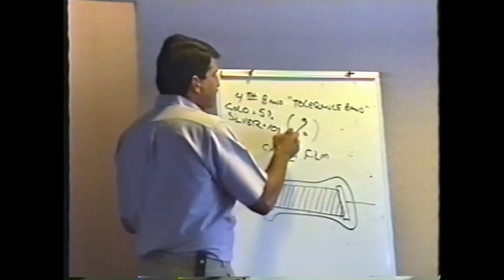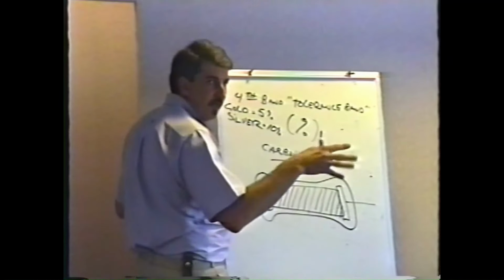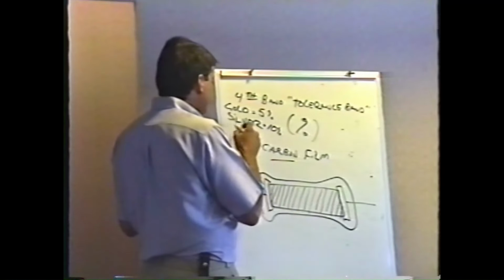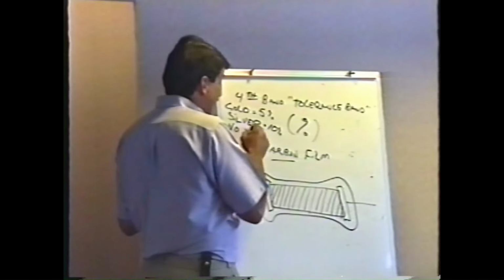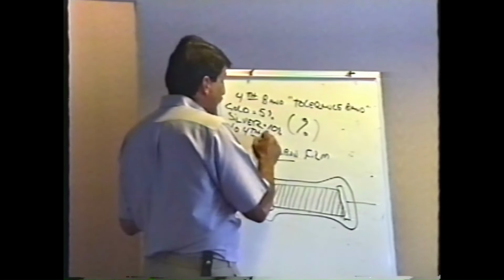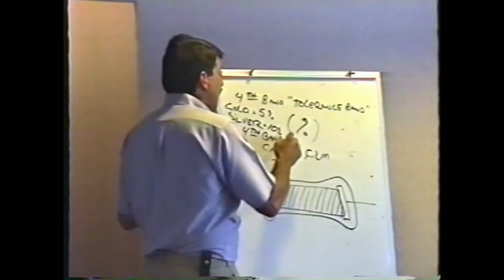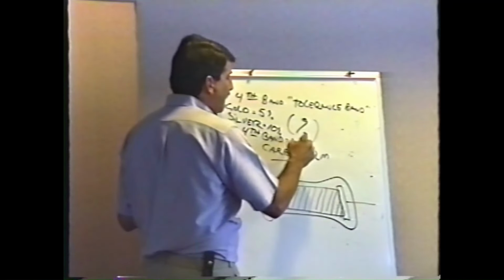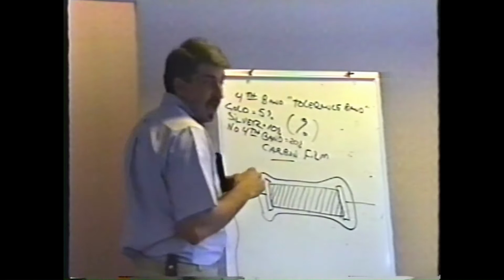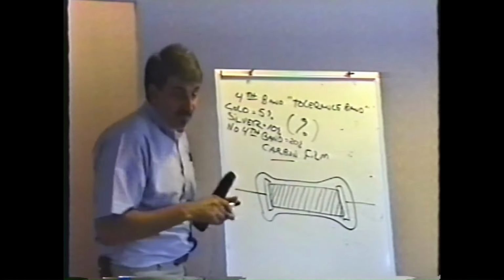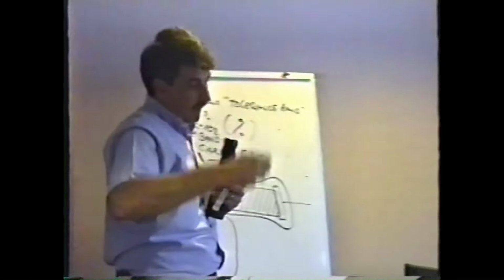If the fourth band is silver, it's a 10% resistor, meaning plus or minus 10%. You'll probably never see that, and you'll probably never see one of these either, although they do exist. A resistor that has no fourth band is 20% tolerance. I guess they figure if it's that bad, they're not going to bother putting a band on it at all. So this one's terrible.